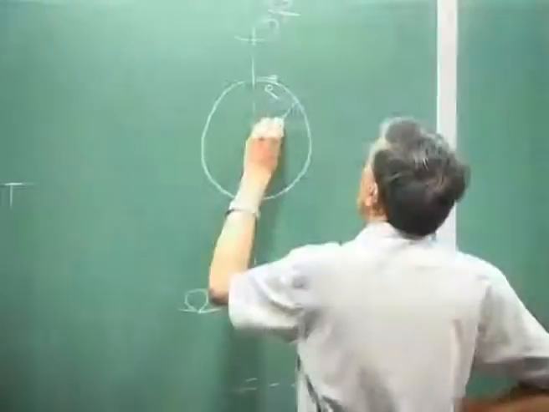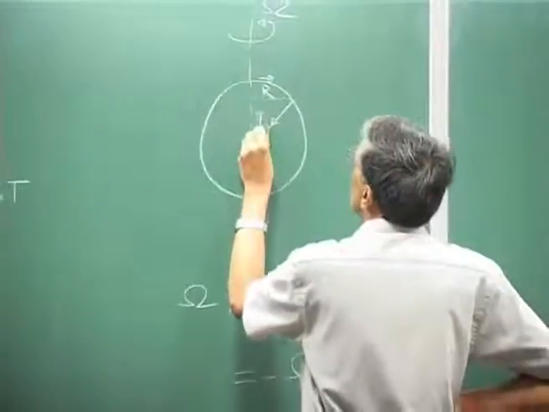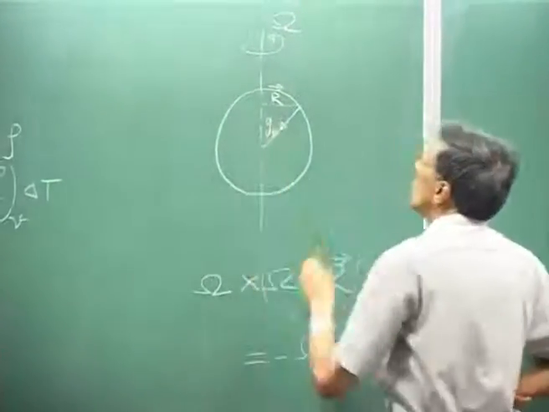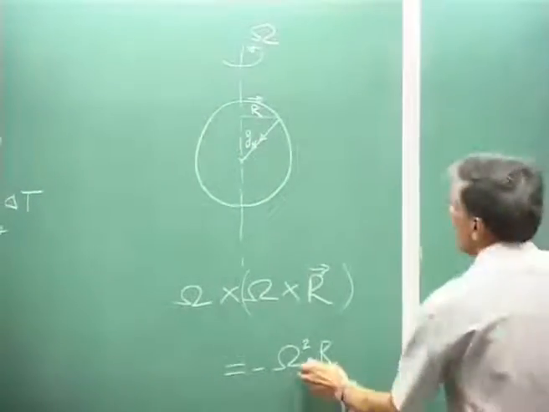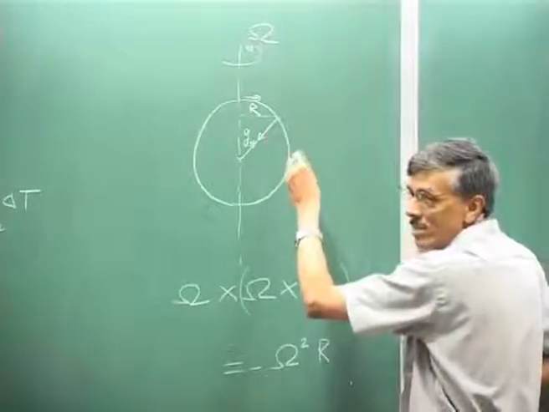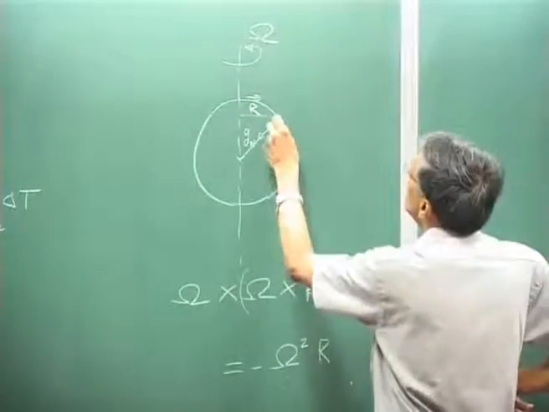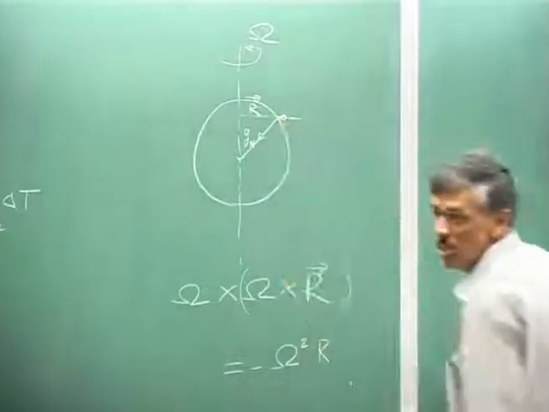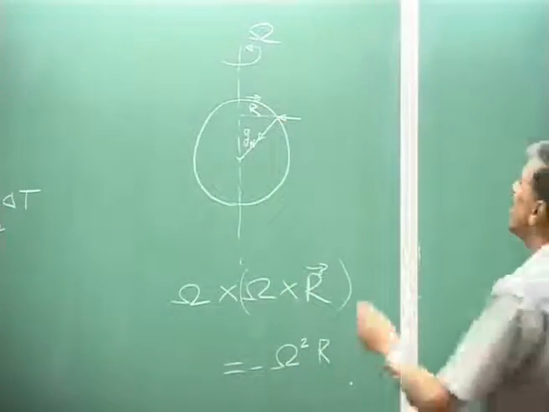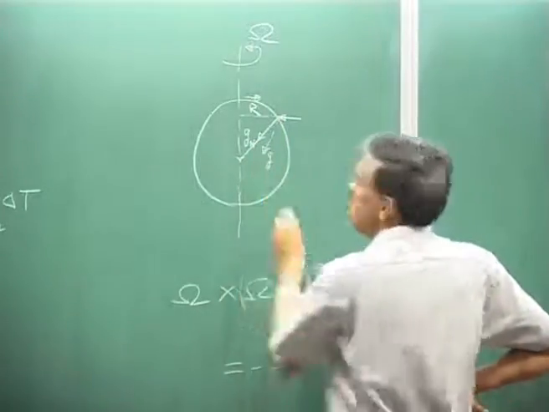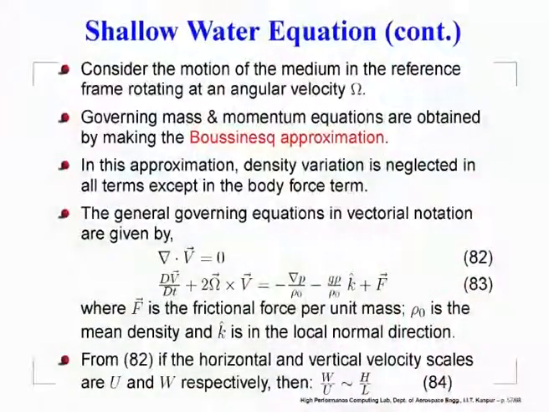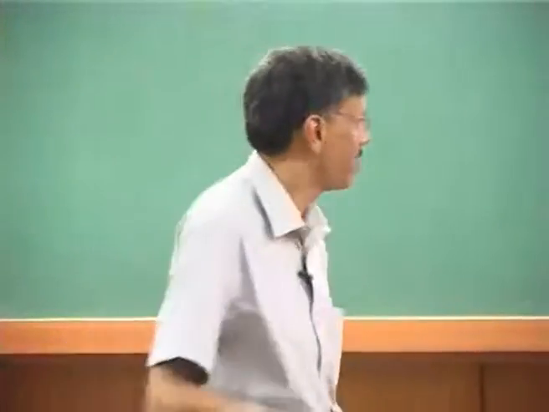If I call that G n, that is acting towards the center, and this force that we are talking about here will act in this direction. So, what will happen? The resultant would be G, and that is the G that we have written. So, this G incorporates both the gravitational attraction term plus the centrifugal term.